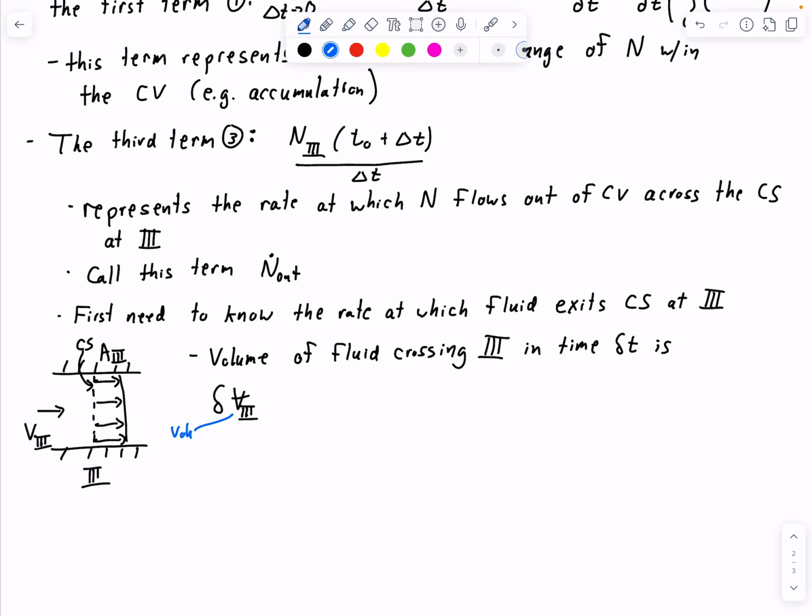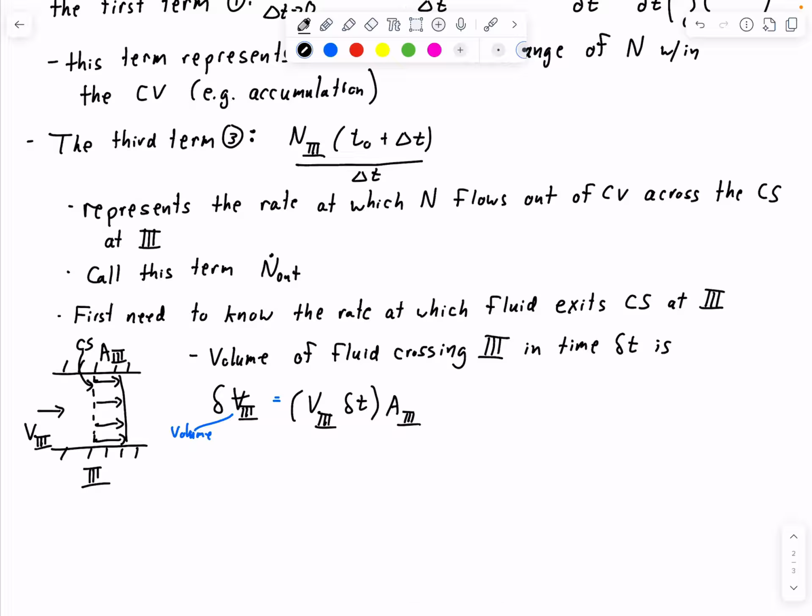So this is some differential or elemental volume that is crossing this control surface, and we find that this is just equal to the velocity at 3, multiplied by the time over which this occurs, multiplied by the area of 3.